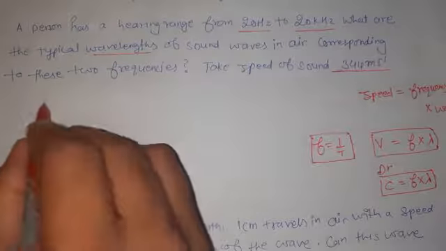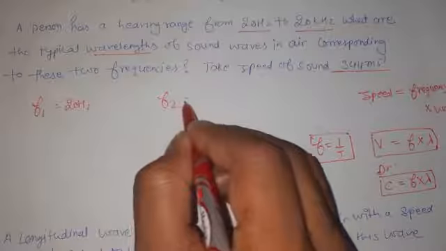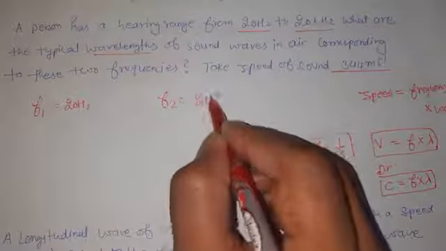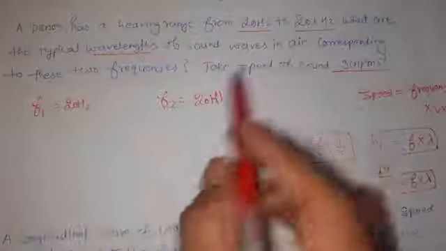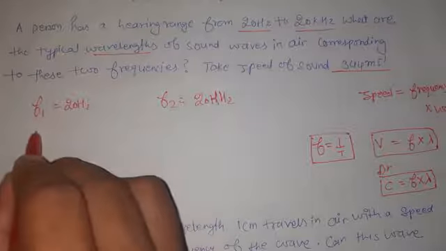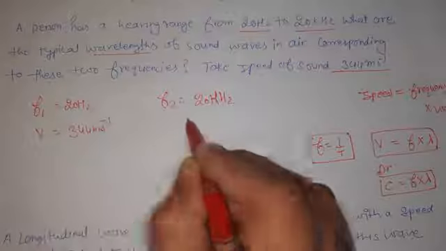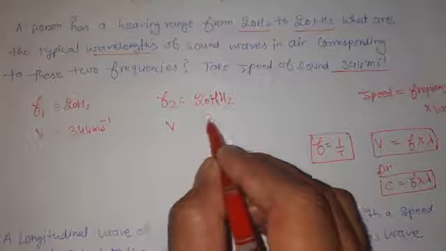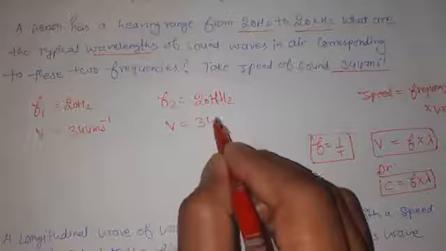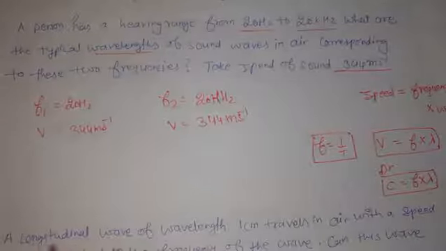Now here we are given two frequencies. Let us suppose f1 is 20 hertz and f2 is 20 kilohertz. So we have f1 and f2 given here. The speed is given as 344 meters per second, and for the second sound, with frequency 20 kilohertz, the speed is also 344 meters per second.